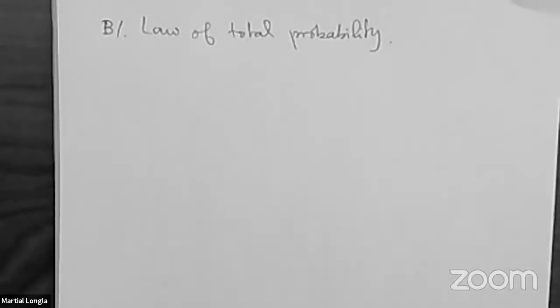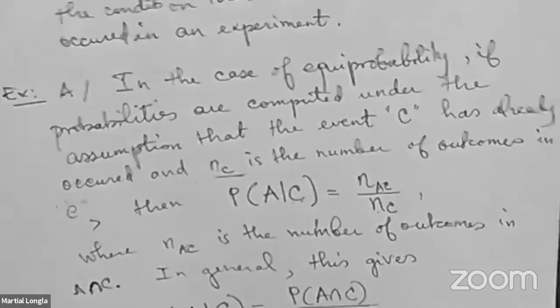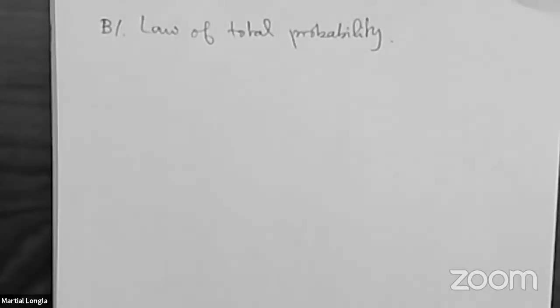So in most problems, the sample space splits as in the last formula that I gave you into a union of disjoint sets like that. Okay, so that's what this one is also about.